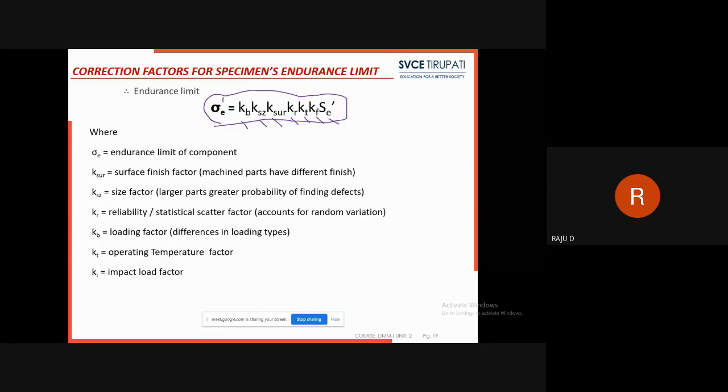Actually, it is sigma e. This is only SE, and SE means sigma e. How to calculate sigma e? Based on the type of loading condition, which I will discuss in the problem.